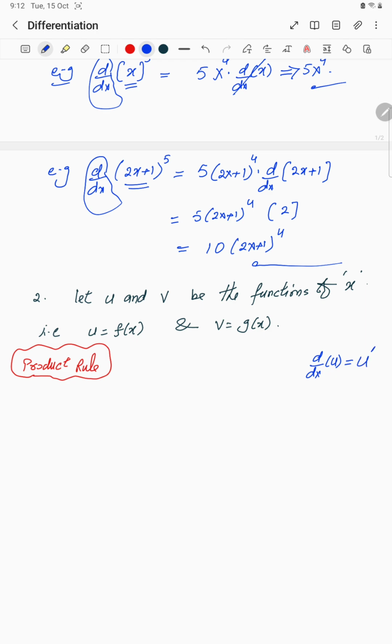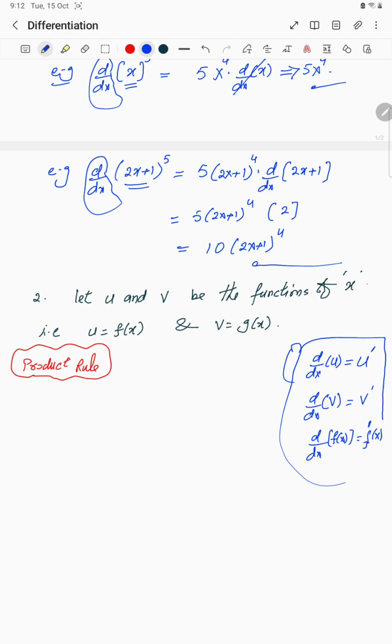This means the result of its derivative, and the derivative of v with respect to x we represent as v prime, and the result of d by dx of f of x we can say is f prime of x. I will use this symbol frequently for the upcoming rules, so you need to know this. These are the symbols, you need to note them.